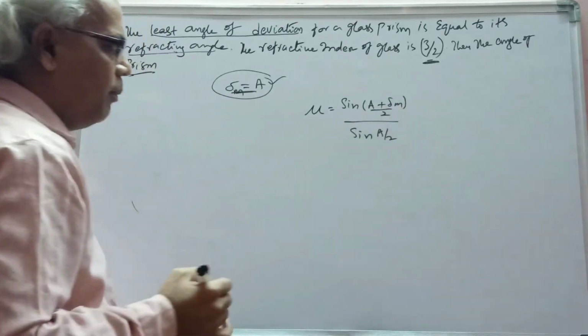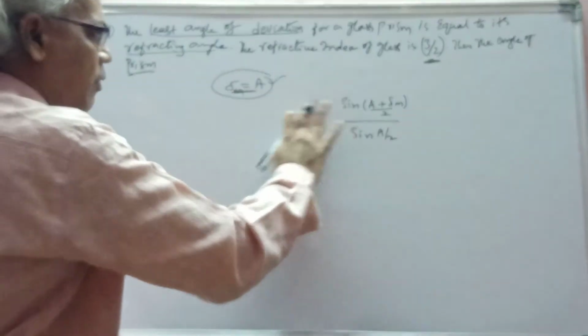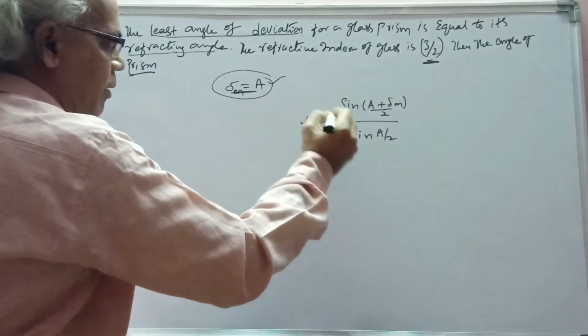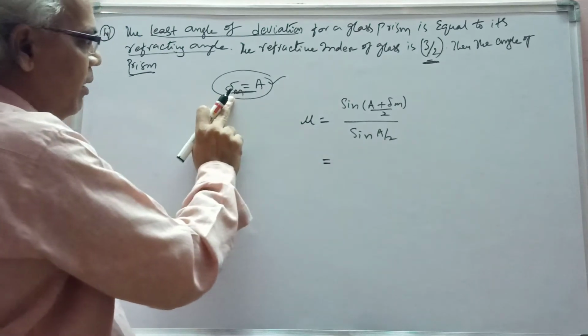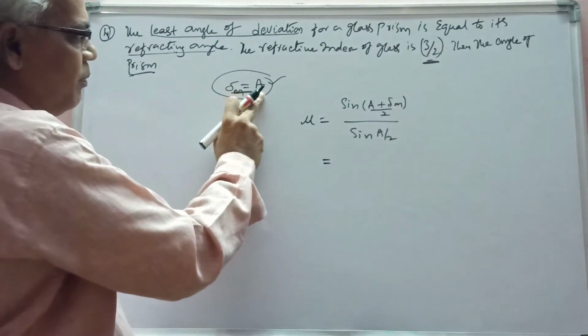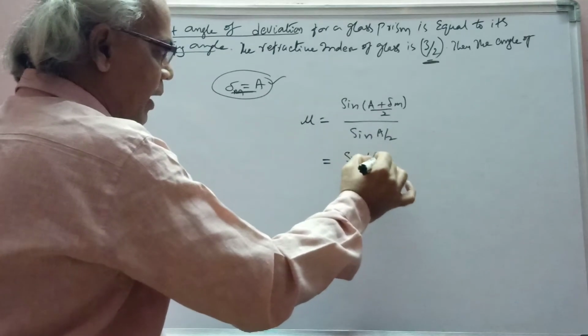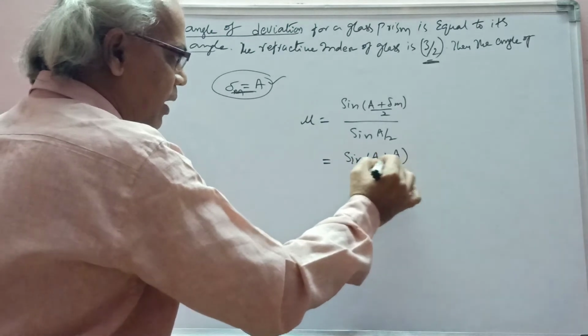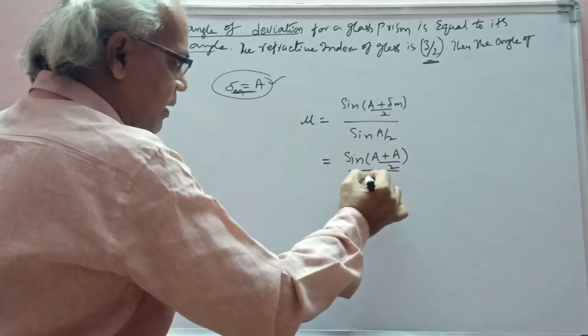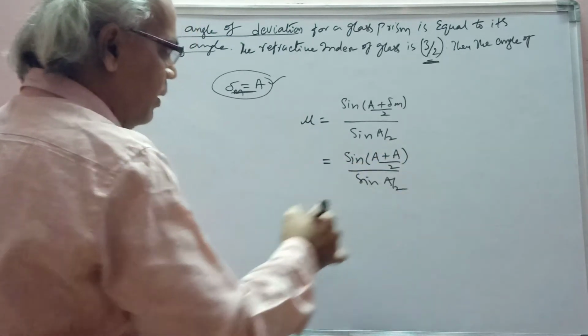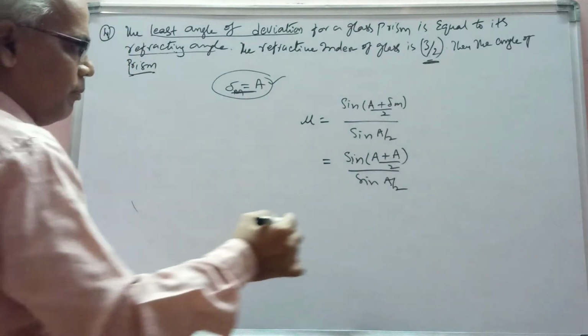It is the prism formula. So the angle of minimum deviation is equal to the angle of prism. Substituting, sin of (A plus A) by 2 by sin A by 2, where A is the angle of prism.